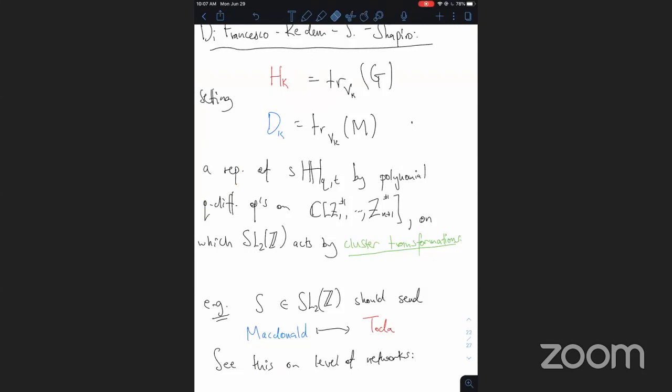So these are elements in this algebra with the relations that y_i y_j is equal to q to the number of arrows from i to j times y_j y_i. That's right. And this algebra is a quantization of the algebra of Poisson dimension 2n.